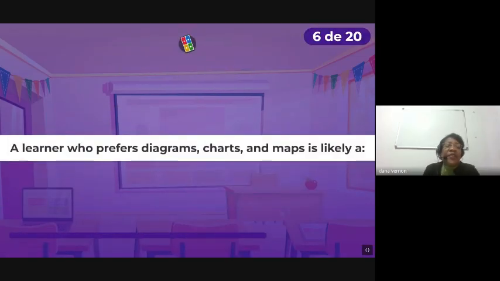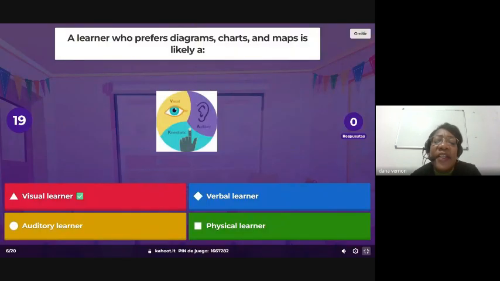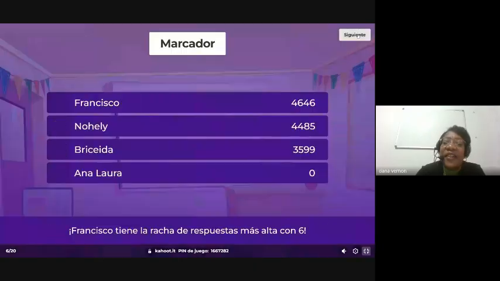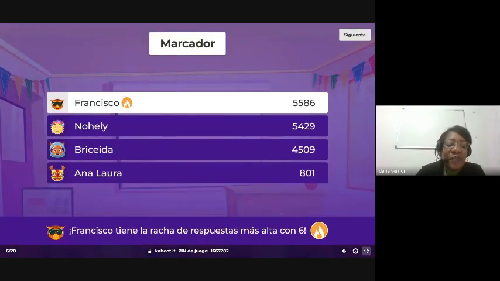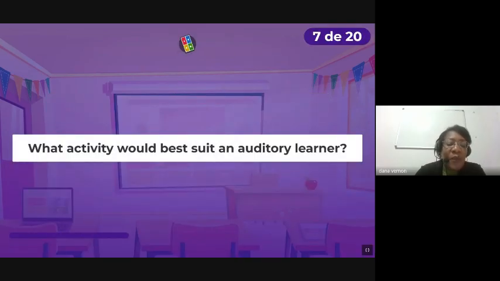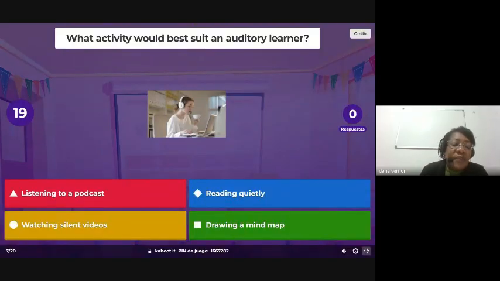A learner who prefers diagrams, charts, and maps is likely to say visual learners. Okay. How about you, Francisco? What activity would suit auditory learners?